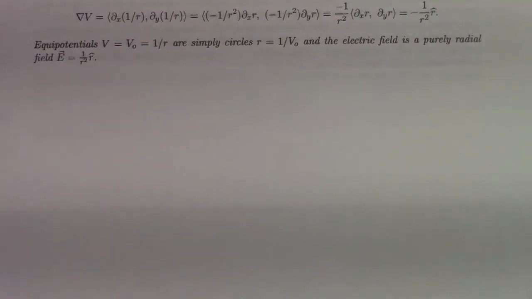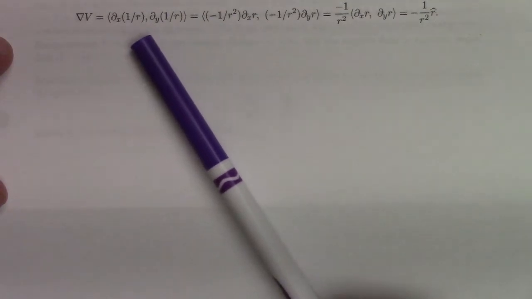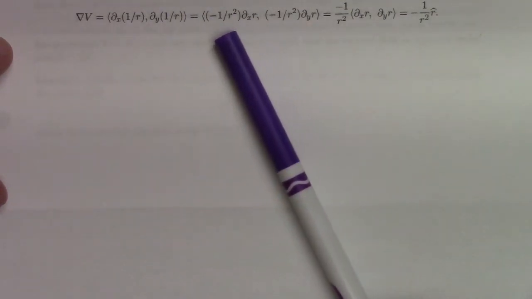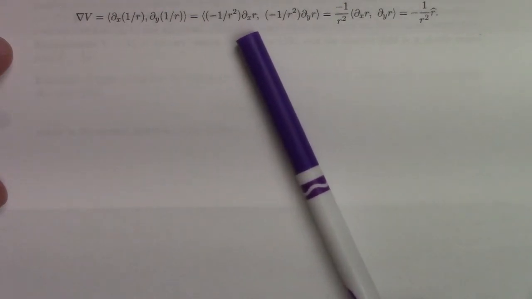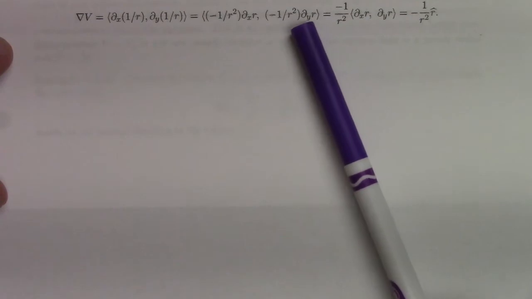So you notice that the gradient of the voltage function ends up being the partial derivative of 1 over r, and by the chain rule that's minus 1 over r squared times partial x of r, and minus 1 over r squared, partial y of r.